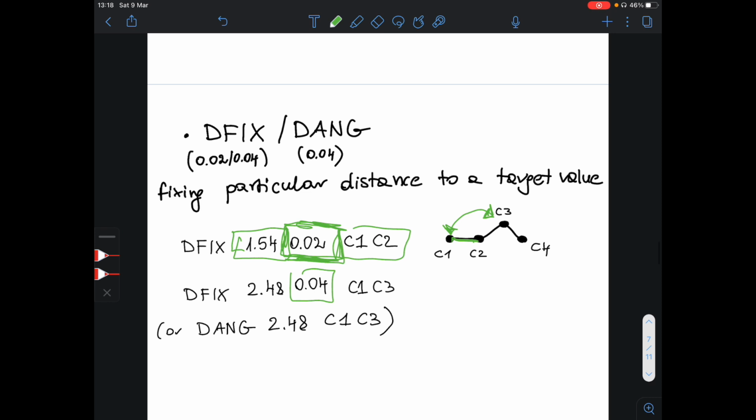Instead of writing DFIX 0.04 for some 1-3 distance, you can use DANG, because DANG by default has an uncertainty of 0.04. So it really depends whether you want to have DFIX everywhere, or you actually want to be able to distinguish between 1-2 distances and 1-3 distances when you read the ins file, to be able to spot the differences easily by, instead of using DFIX with a bit larger deviation, just writing down DANG. But yeah, we'll talk about it later.